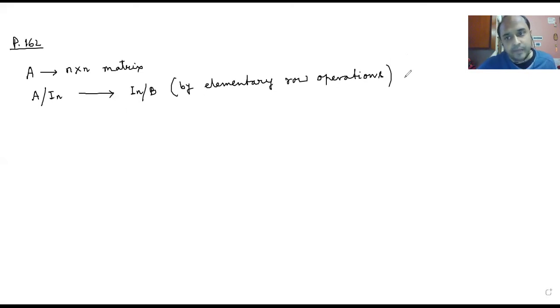Then capital B is actually known as A inverse. So that is the theorem given on page number 162.